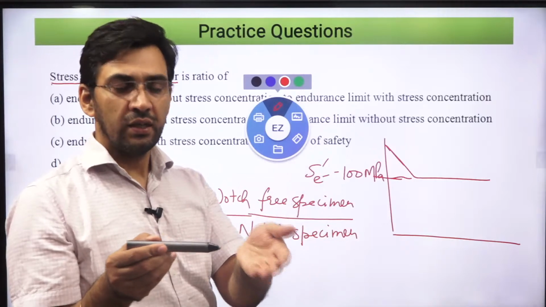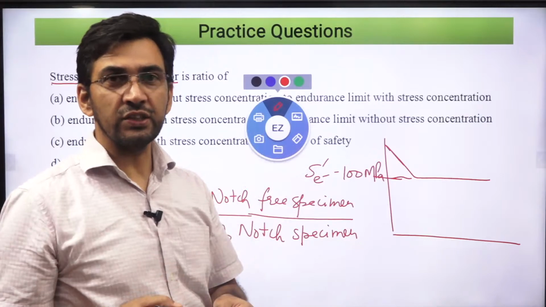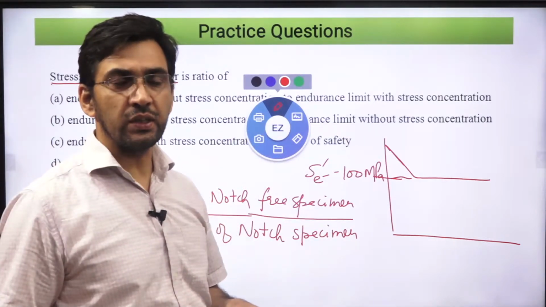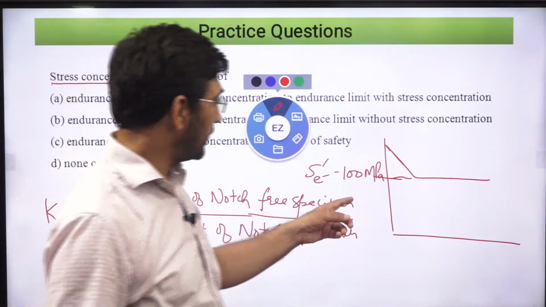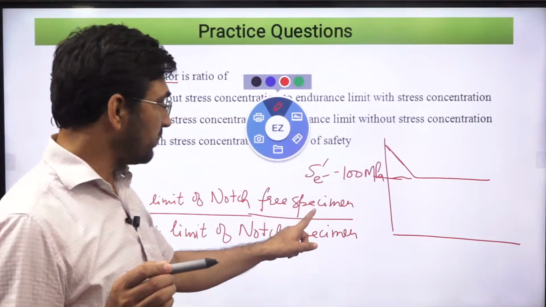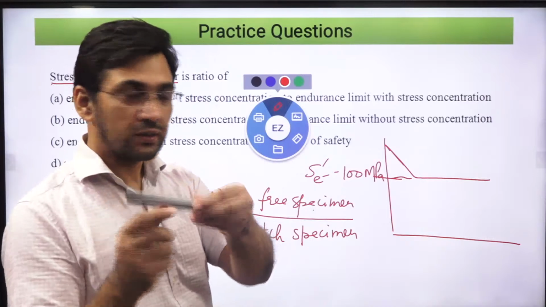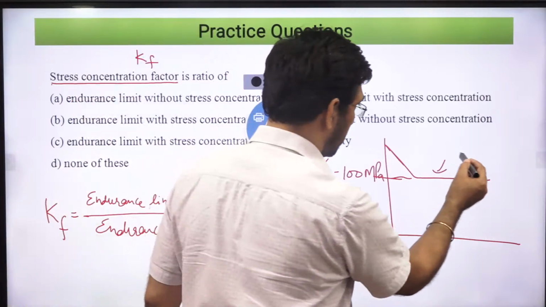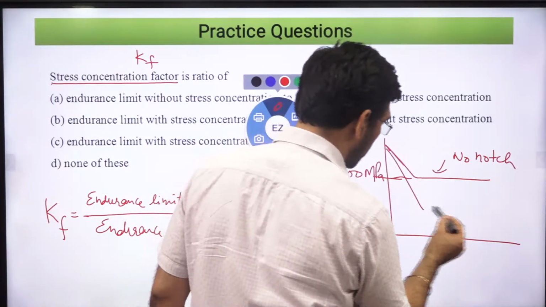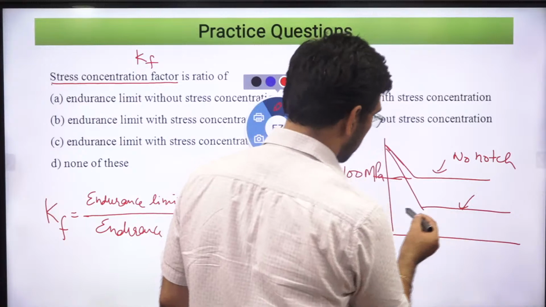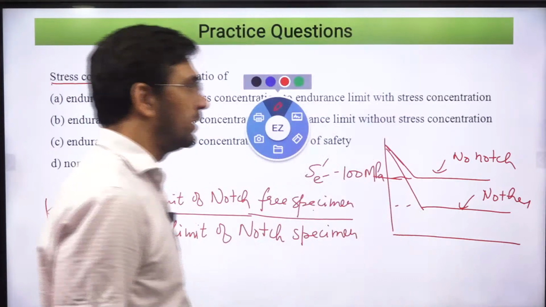Obviously that will decrease, because once you have created the notch, stress concentration has taken place, and since stress concentration has taken place, its ability to carry the maximum load will get reduced. So if I have a specimen with no notch, meaning no discontinuity, and another specimen having a discontinuity, the notched specimen's endurance limit will be less.